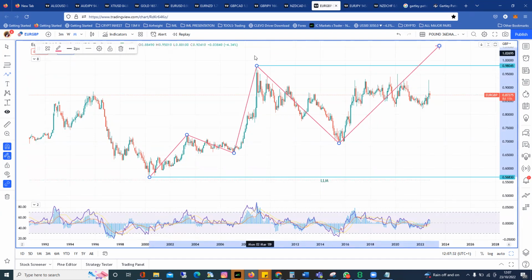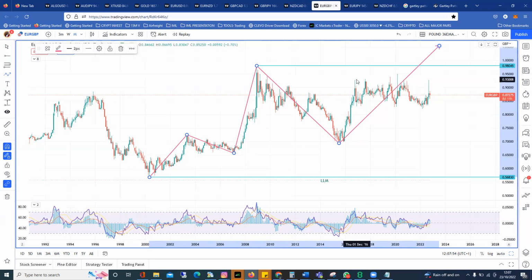But with this area serving as a huge barrier for price, as price was moving down, we broke this structure, broke that structure low, broke lower again, but we didn't take out this, which is good for us.